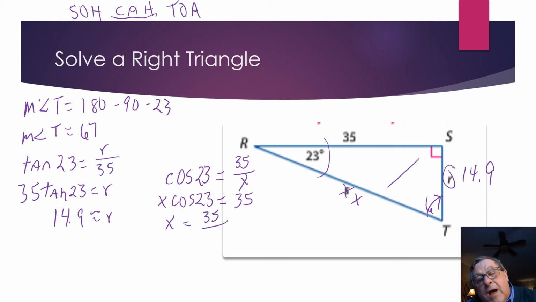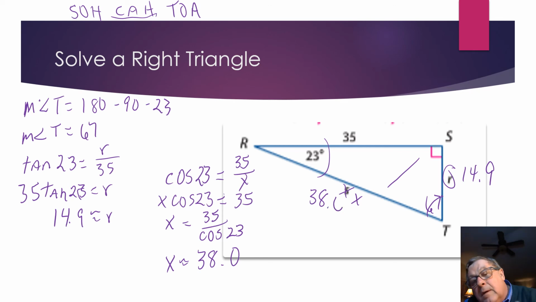So 35 divided by the cosine of 23 should give us x, which we're saying is the hypotenuse. So 35 divided by the cosine of 23. And that's 38.02. So x, or s, is approximately equal to 38.0.